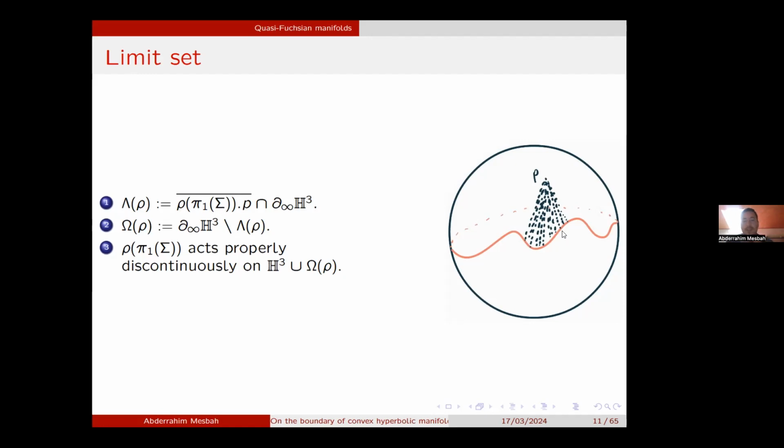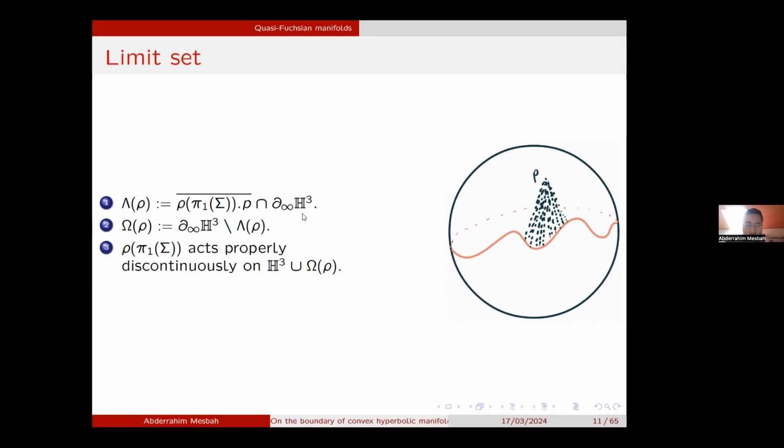Since this representation is discrete, it will act properly discontinuously on H3. So we won't have accumulation points inside H3, inside the body. This won't happen. So what will happen? The orbits of p will accumulate in the boundary at infinity, which is S2.